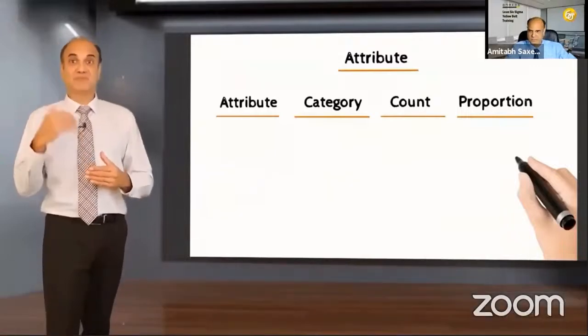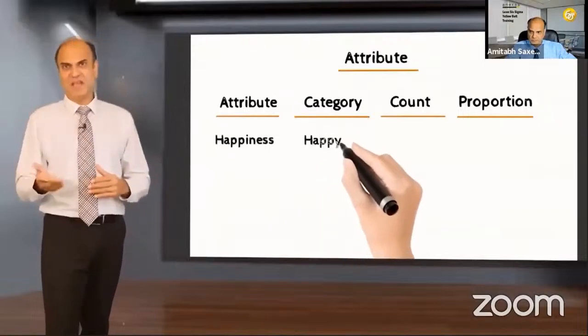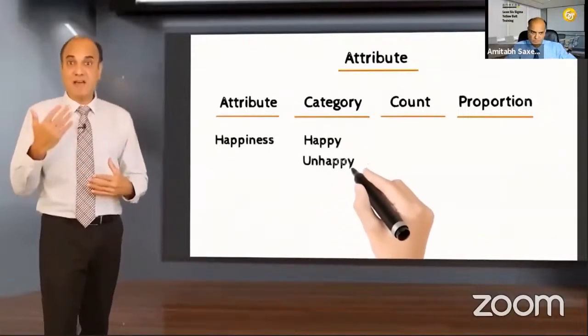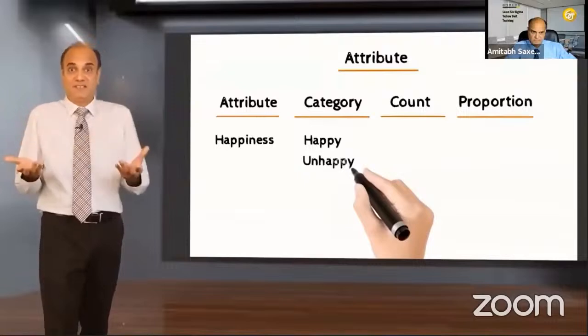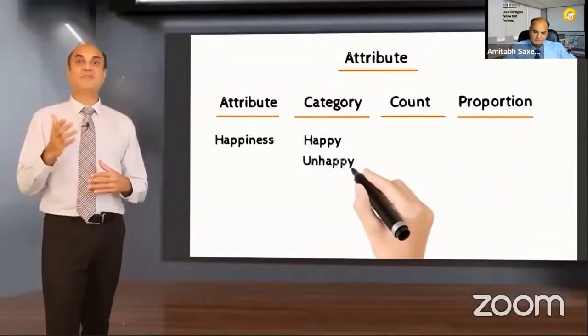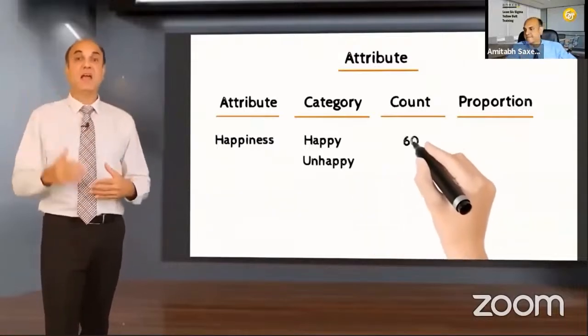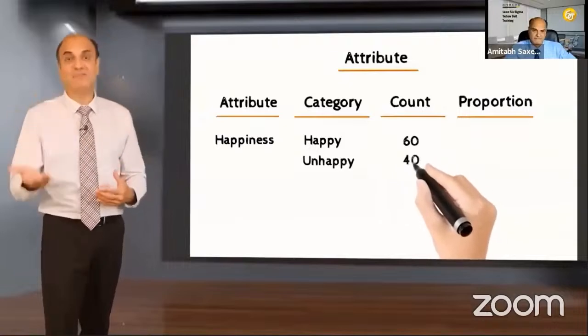So if I take the example of happiness, two categories I can create: happy, unhappy. So if I want to increase the happiness in the employees in the organization, then I can always count how many employees are happy. Let's say 60 employees are happy and 40 employees are unhappy.